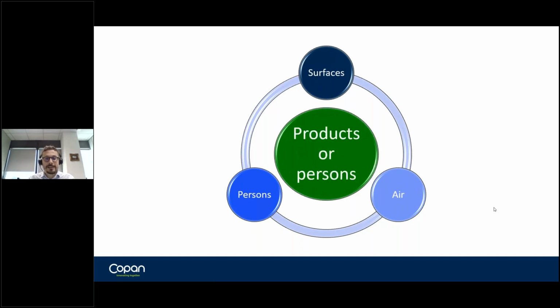And that's very important because if in that environment I need to manufacture a product or I need to keep a person in a special clinical condition, and something harmful is brought into the space by one of these three elements, it can spread to the products or to the person.